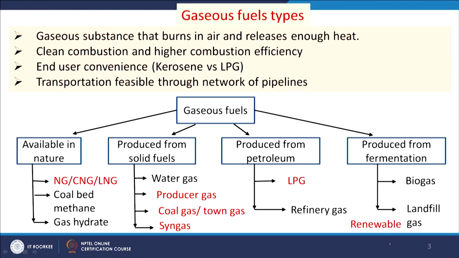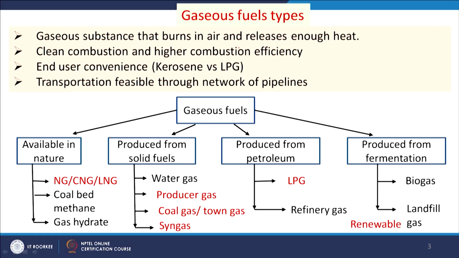Now, we will see the gaseous fuel types. A gaseous fuel is a fuel in gas phase, and it burns and gives heat. This is the definition of gaseous fuels. It is a gaseous substance that burns in air and releases enough heat, with clean combustion and higher combustion efficiency.